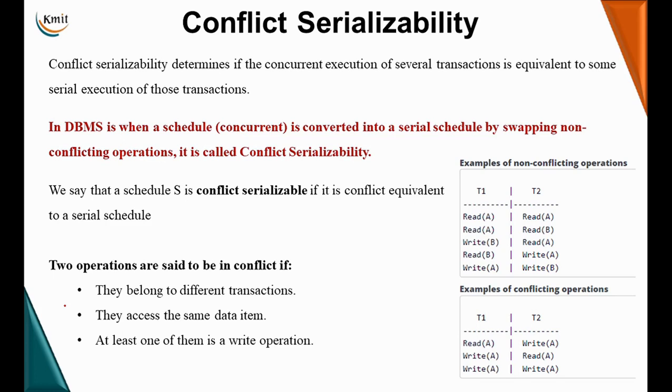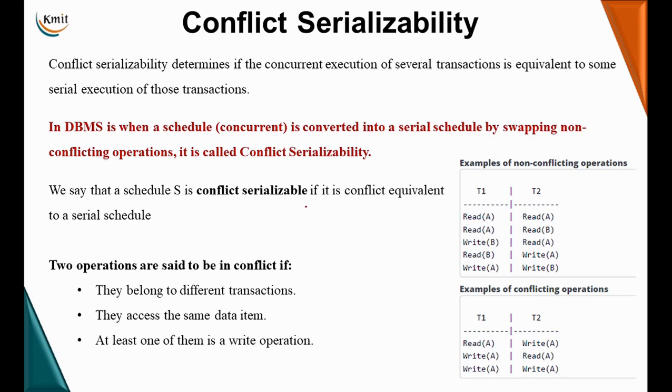So, when a schedule is converted into a serial schedule by swapping non-conflicting operations, it is called conflict serializability. We say that a schedule is conflict serializable if it is conflict equivalent to a serial schedule.